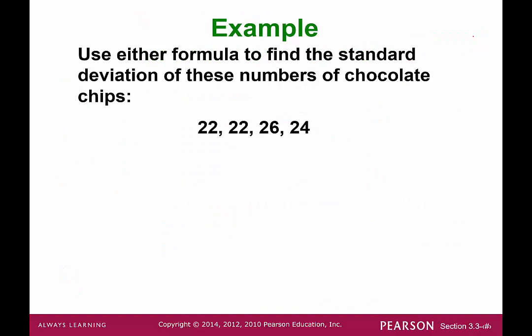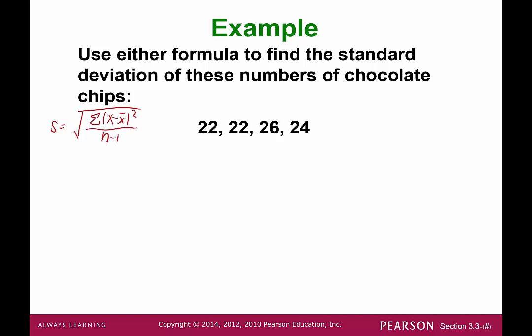Now let's use either formula to find the standard deviation of this number of chocolate chips. I'm going to show you both methods. First one, standard deviation equals the square root of the summation of (x minus x bar) squared over sample size minus 1.